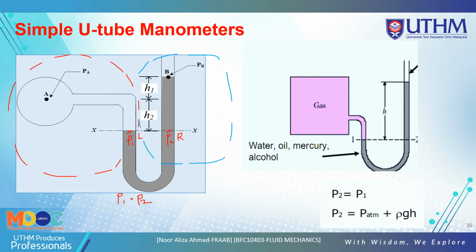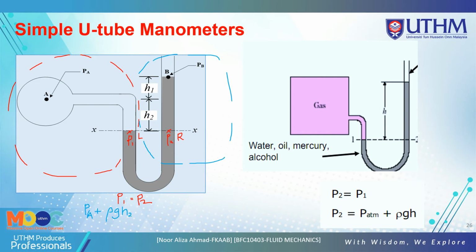Okay, so they have the equation here. P1 includes PA, plus the P gauge in this fluid, so you get rho G H2.